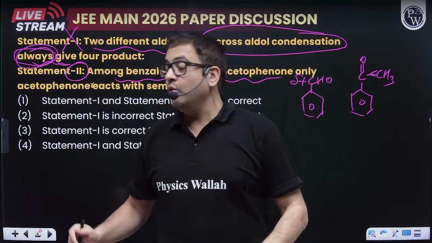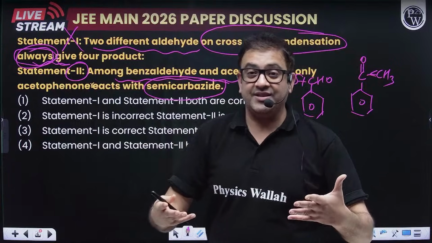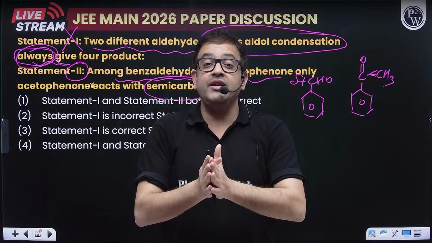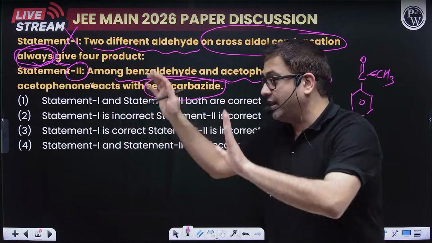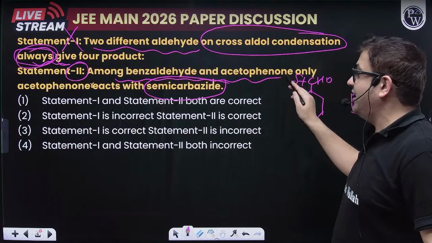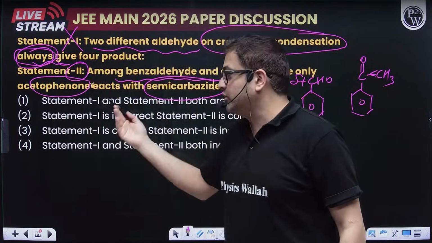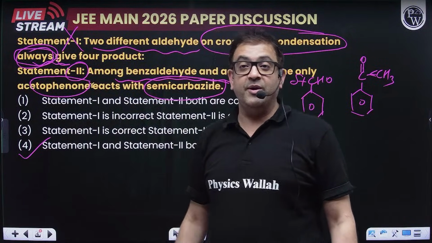Although we know with semicarbazide, aldehyde and ketone both respond. But obviously if the question is asking who is more reactive, aldehyde is more reactive. The question is saying a different thing. It is saying among aldehyde and ketone, only ketone reacts. So this is definitely incorrect because actually both react. So both statements are incorrect. Therefore option 4. Perfect, perfect, perfect.